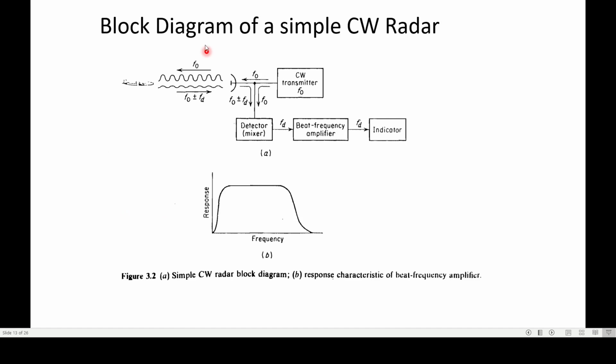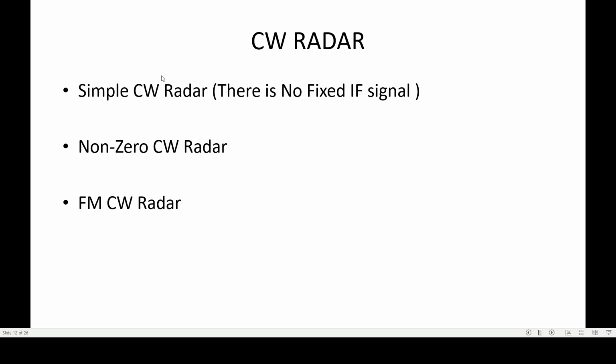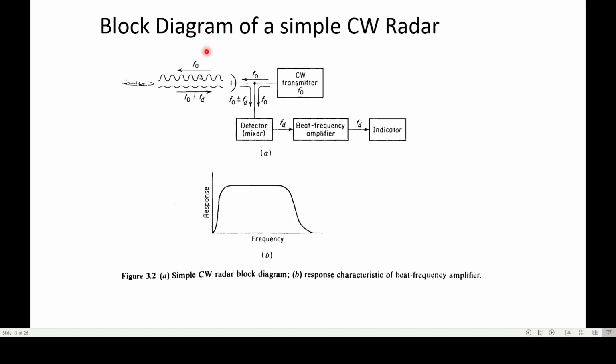This is the block diagram of a simple continuous wave radar. Here, F0 is the transmitted signal, and F0 plus or minus Fd is the echo signal. Fd is the change in frequency.